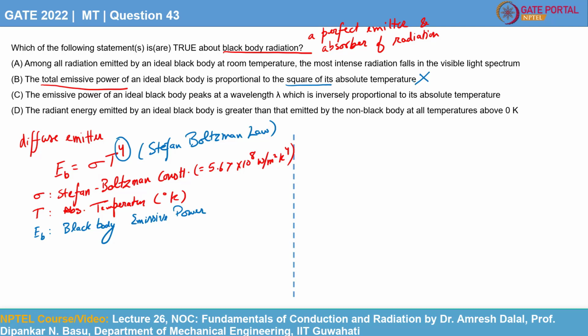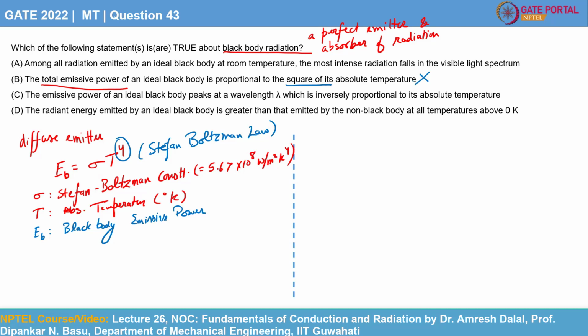Let's look at option C. The emissive power of an ideal black body peaks at a wavelength lambda which is inversely proportional to its absolute temperature. To check this statement, we must understand the concept of spectral black body emissive power, which is the amount of radiation energy emitted by a black body at an absolute temperature T per unit time per unit surface area and per unit wavelength about the wavelength lambda.